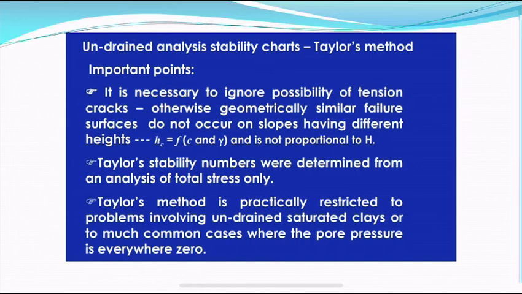So the possibility of a tension crack is ignored here, and the Taylor stability number is for total stress conditions only, that is, for undrained or short term conditions. Taylor's method is practically restricted to undrained saturated clays, which means the pore water pressures are everywhere zero.